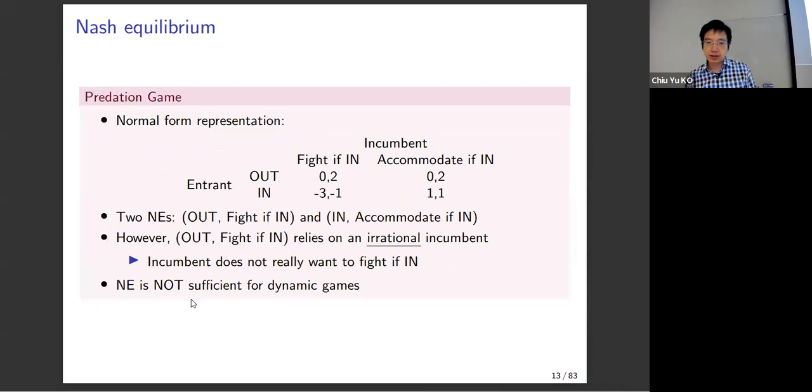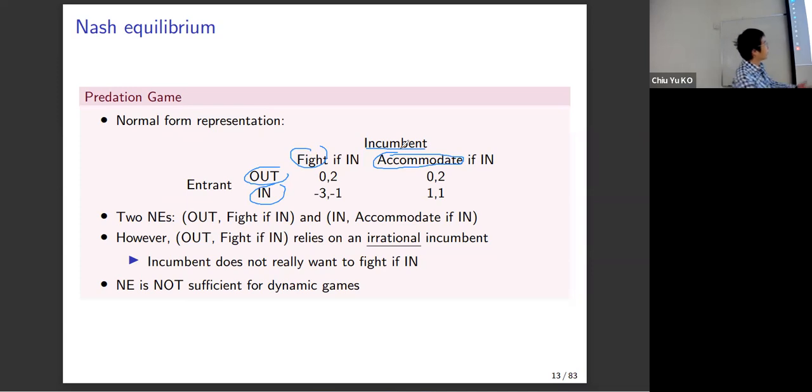And of course, you can write that as a normal form game, okay? Because it's a static game, and we will see why it's wrong, okay? In the normal form game, we can see the entrant can be out or in, right? The incumbent can fight or accommodate, okay?